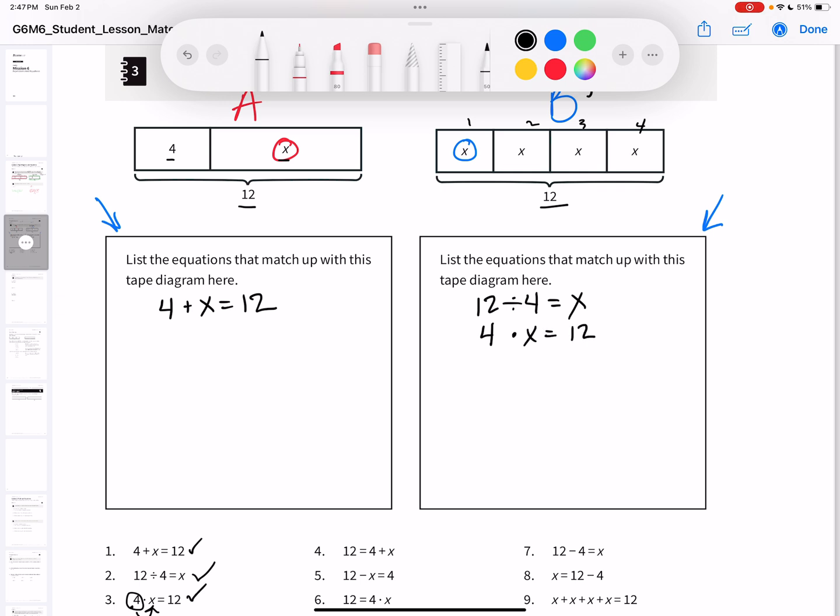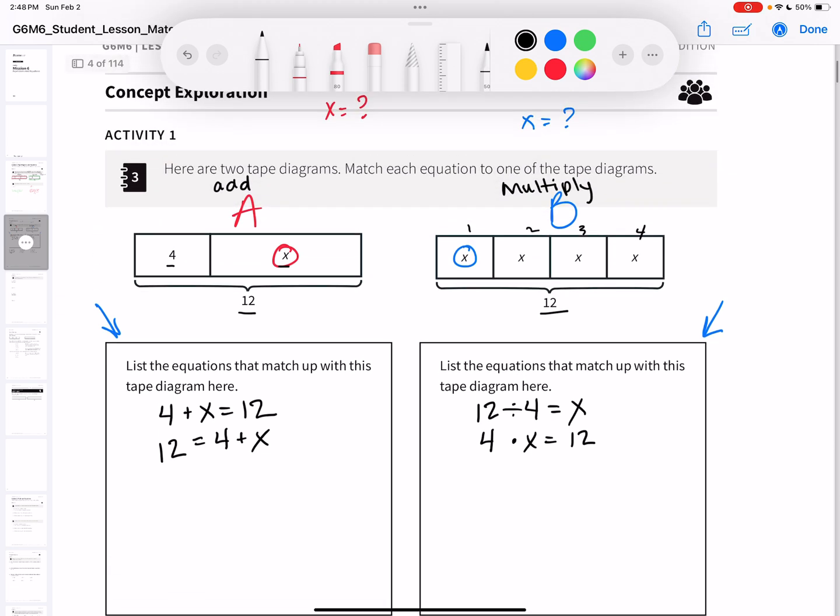12 equals 4 plus x. Well, look, this says 4 plus x, and number 1 says 4 plus x. They've just put the 12 equals on the left side instead of on the right side. So it goes with diagram A. 12 equals 4 plus x. All right, 5. 12 minus x equals 4.